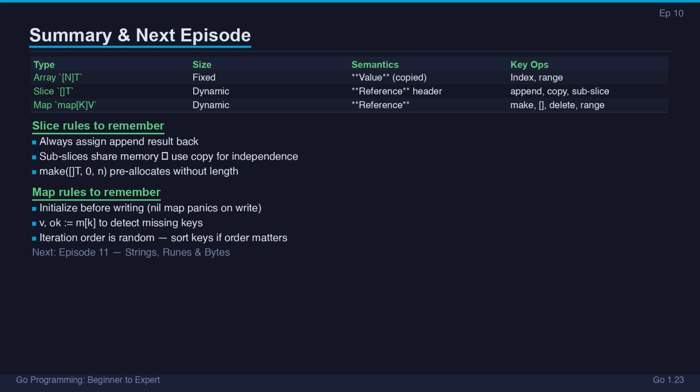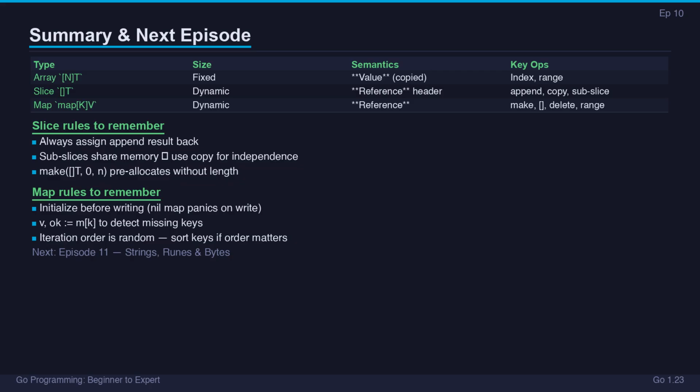Arrays are fixed-size value types rarely used directly. Slices wrap arrays with a three-field header: pointer, length, capacity. Create with a literal, make, or by slicing. Append may reallocate, so always assign the result back. Subslices share the underlying array. Use copy when you need independence. Maps are hash tables.